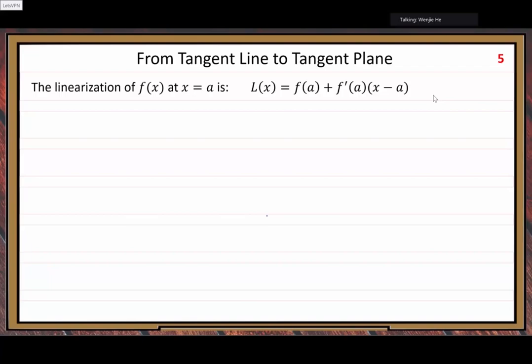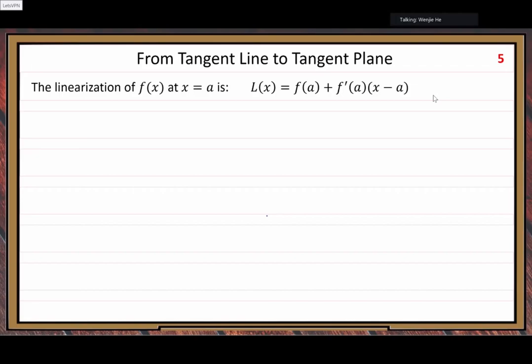This is a linear function, but it is very close to the original function when x is very close to a. If x is not close to a, then these two functions are not very close.